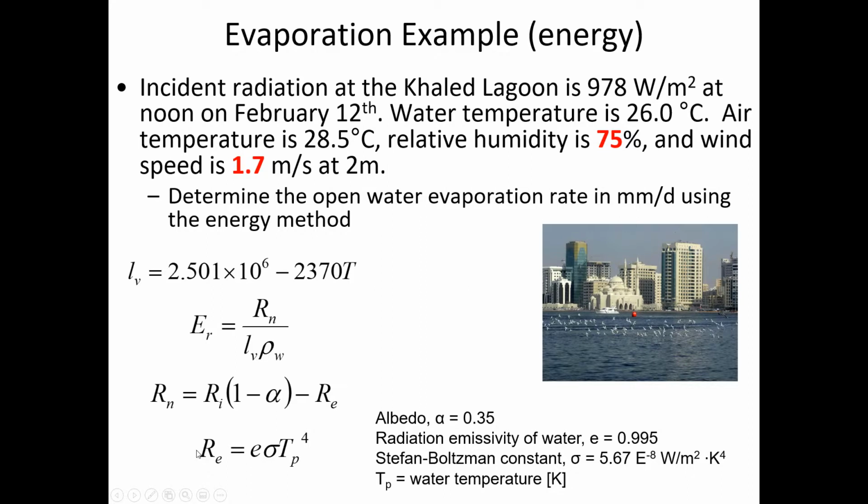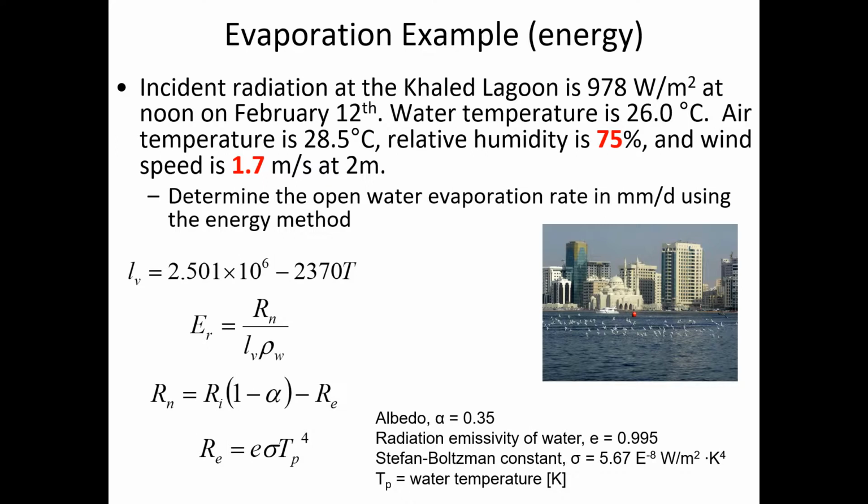Here's an empirical formula for that, based on the temperature of the water in Kelvin, and also a couple of constants: the radiation emissivity of water and the Stefan-Boltzmann constant, which has to do with long-wave outgoing radiation. It tells us how many watts per square meter at a certain temperature are being emitted. I just don't think we would be able to get through everything if we paused and I had you crunch the numbers on this.